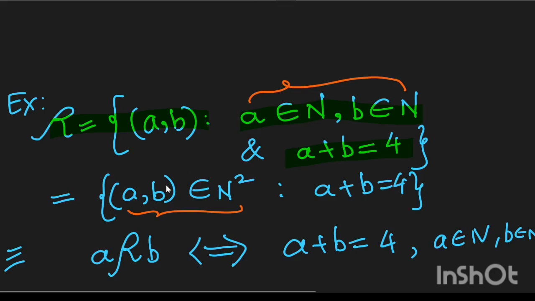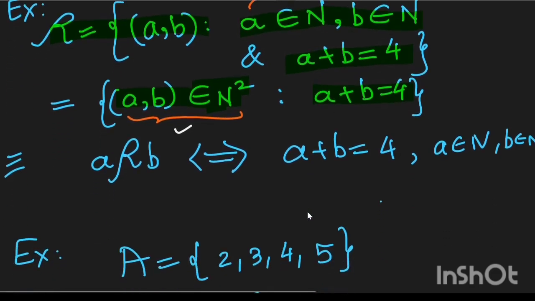So this is another way of expressing it, where if a and b belong to the same set, instead of writing this, we write this. Both ways, and then we write only a plus b equals 4.